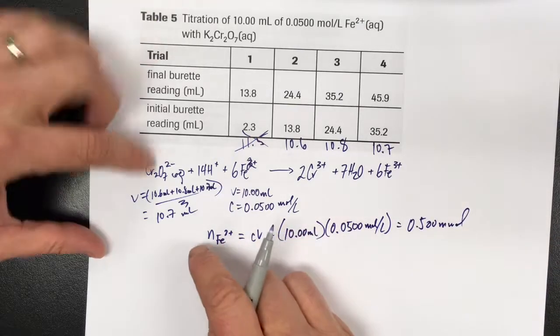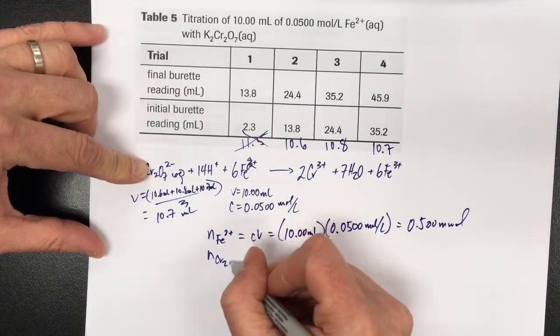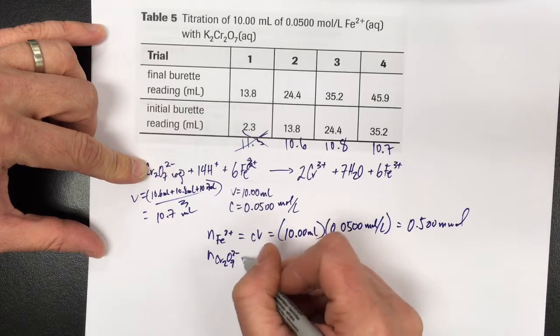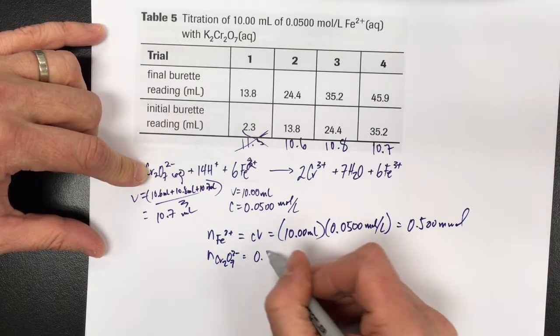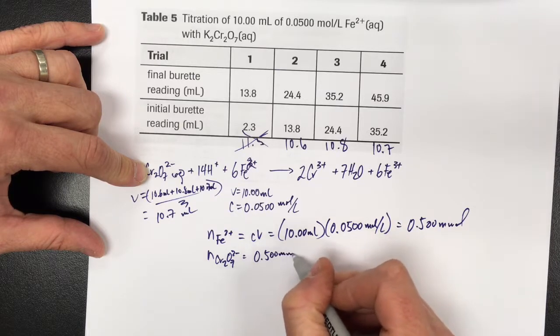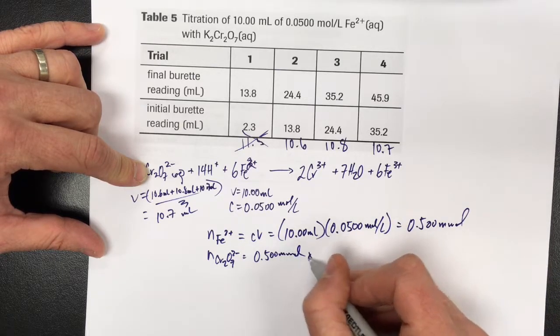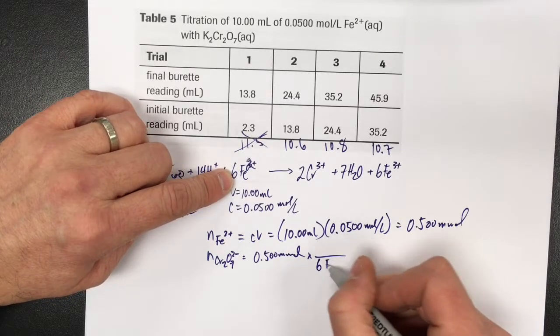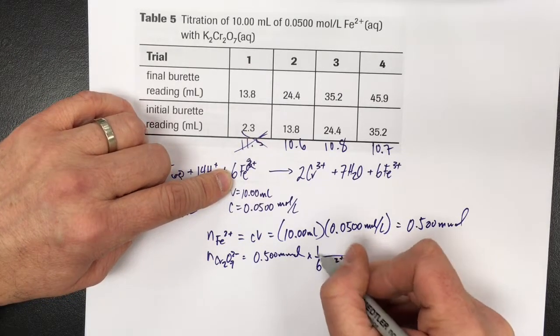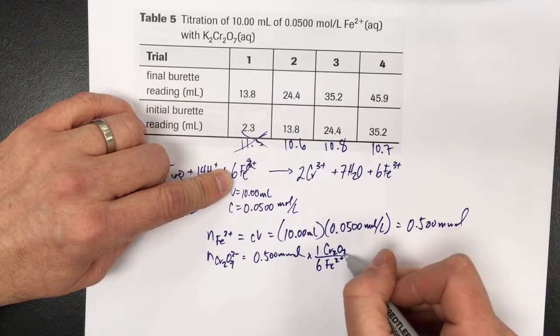And then I can get the number of moles of dichromate because I know the coefficients. And so I've got one dichromate, so I'm going to take 0.500 millimole from this. That's the number of iron 2s, I put the iron 2s on the bottom, and I get one dichromate going here.